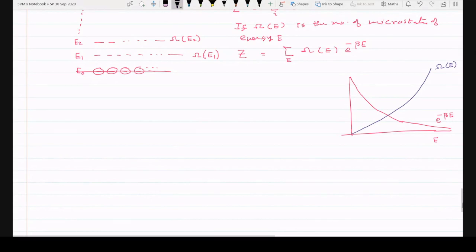It will have a peak. The product will be like this. This is essentially omega of E into e to the minus beta E.